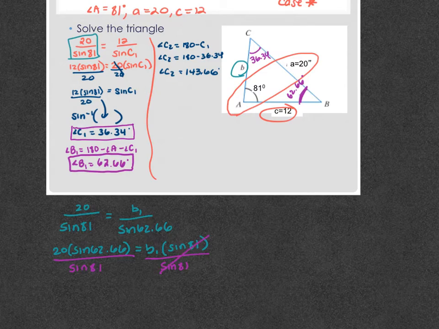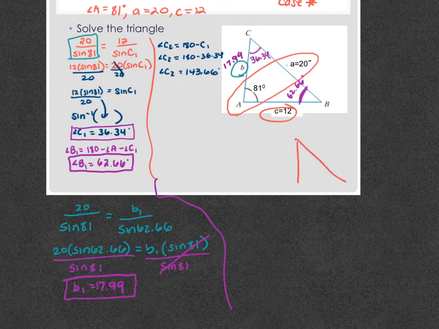So 20 times the sine of 62.66 divided by the sine of 81. And I get B1 = 17.987, so 17.99. So that's my first triangle.